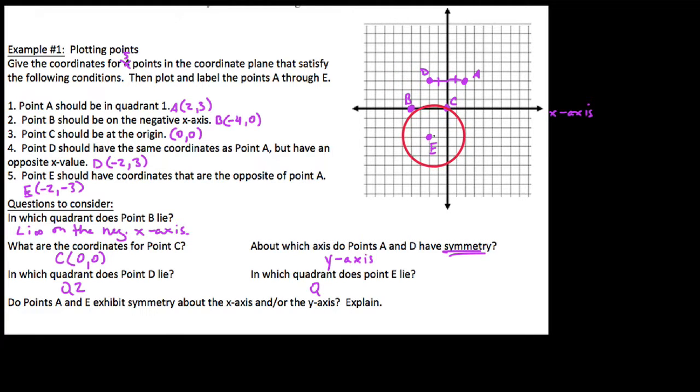And in terms of y-axis symmetry, E would pop over to here, which doesn't fall onto A, and A would pop over here to D. So one thing I want to note here is that quadrant 3 has no x-axis or y-axis symmetry. Cool.